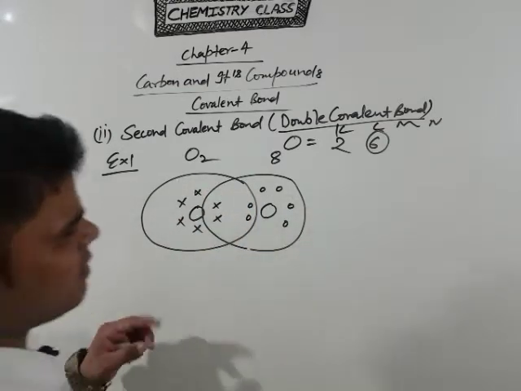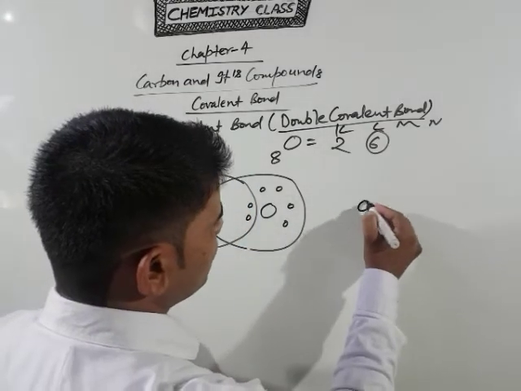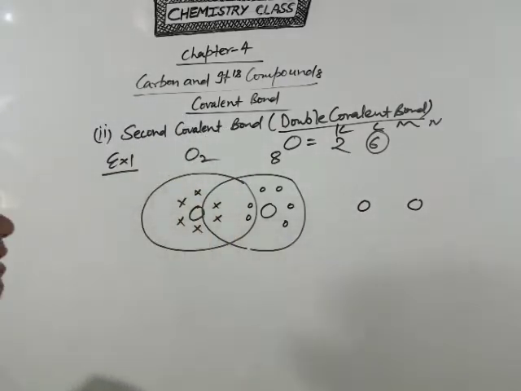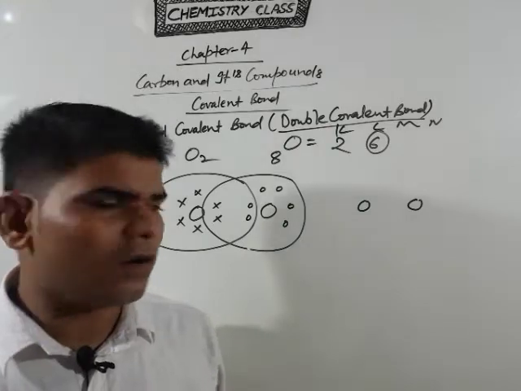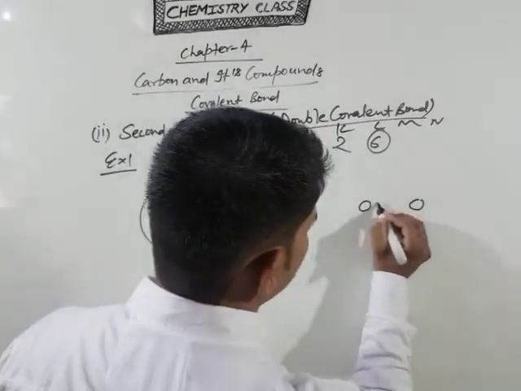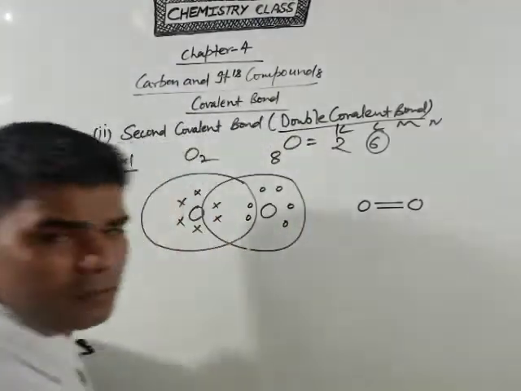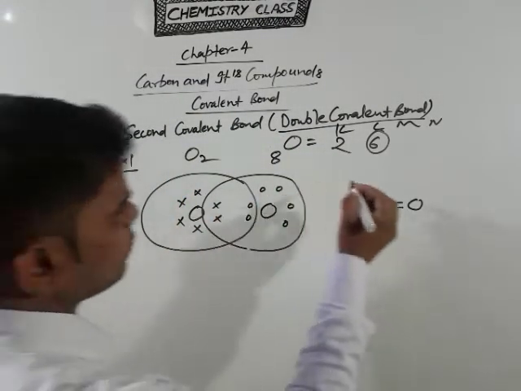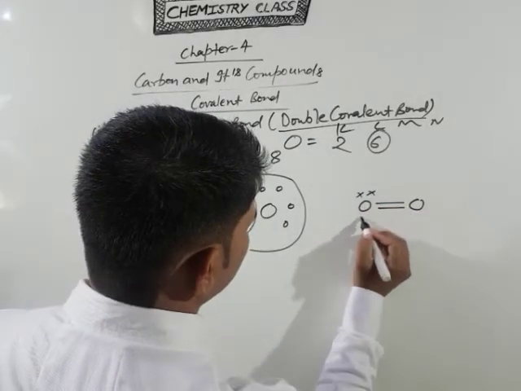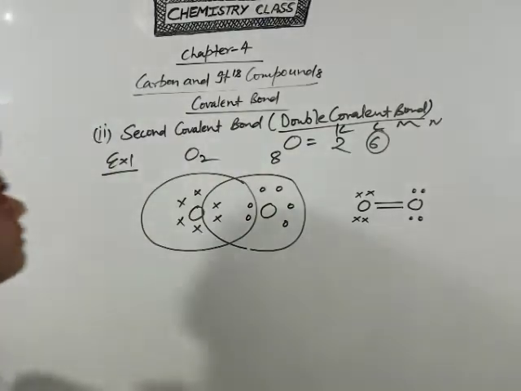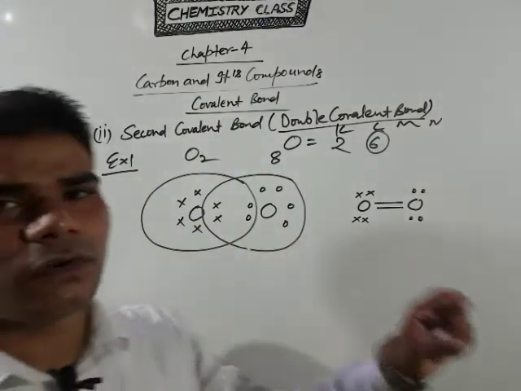Between the two oxygen atoms, the sharing of electrons is 2, so the bond is double. And the free electrons? 1, 2, 3 and 4. You can represent it like that. This is our double covalent bond.